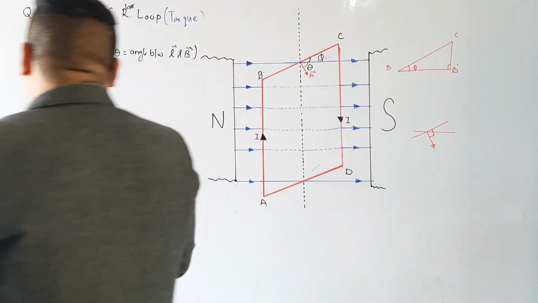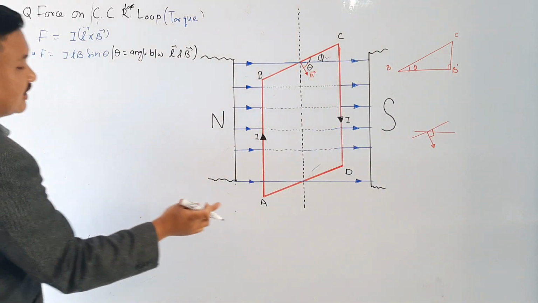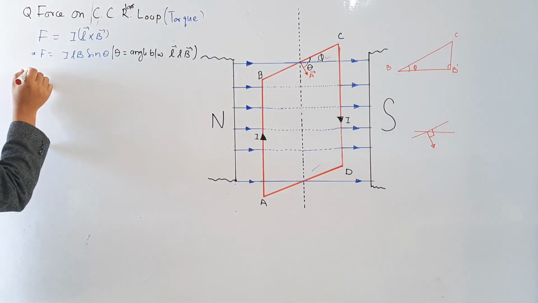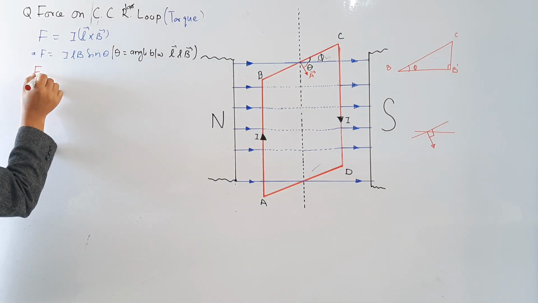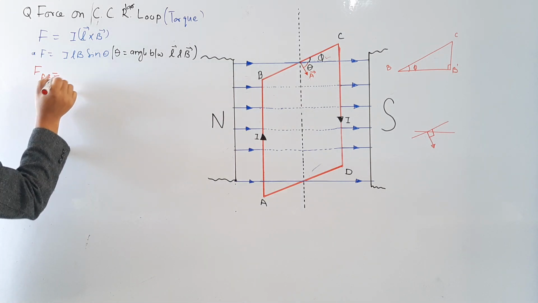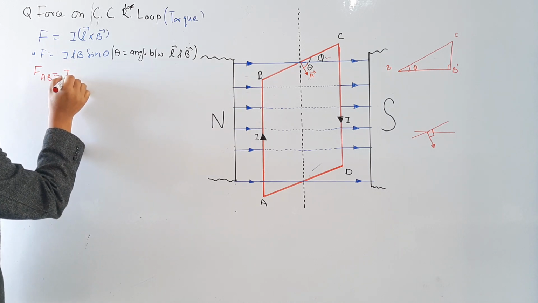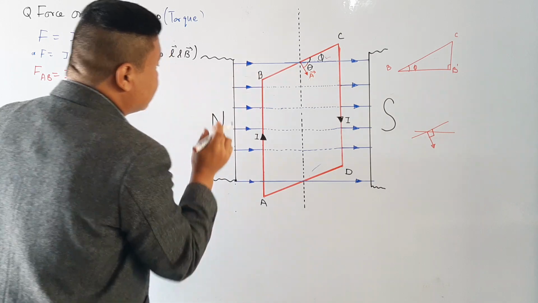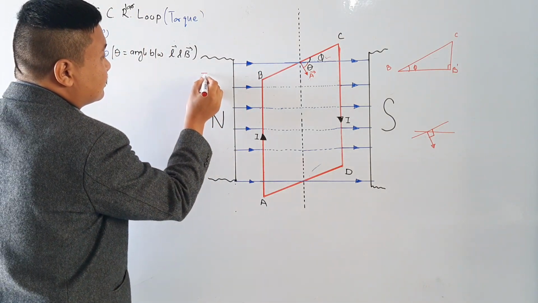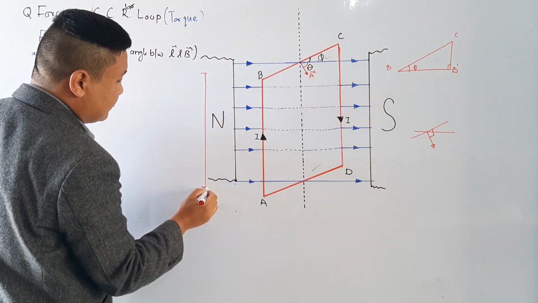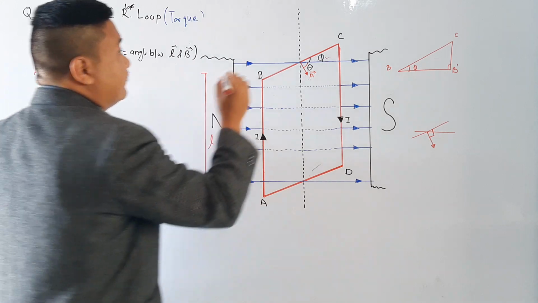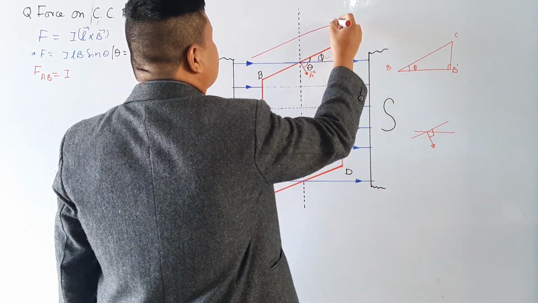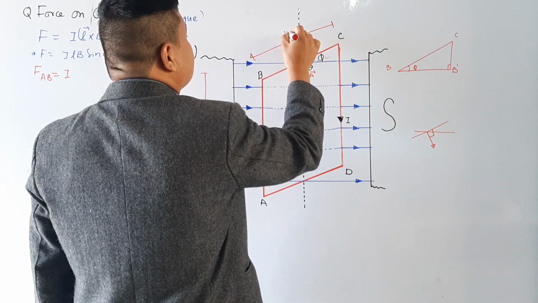Similarly, let me find the force on the arm AB. The force on arm AB will be how much? Current is I and the length of AB is L, and BC has the breadth B.